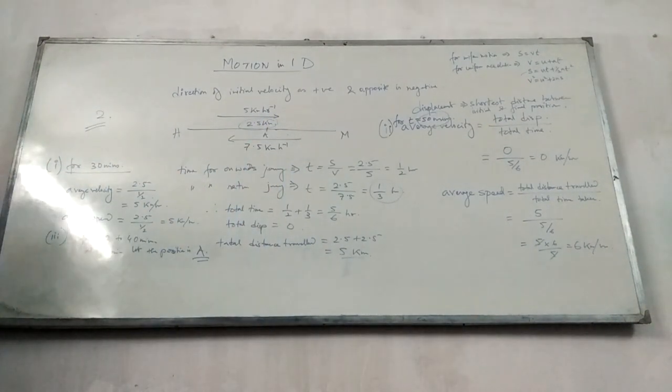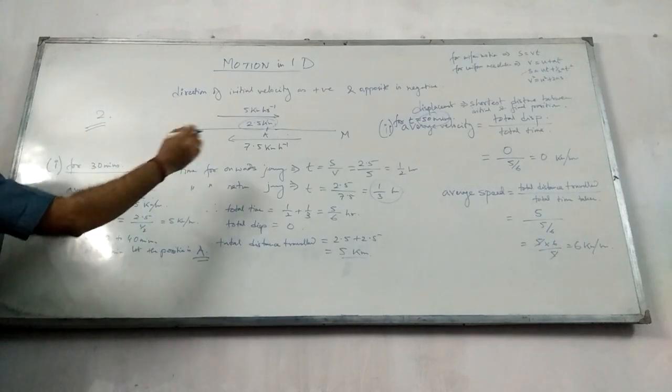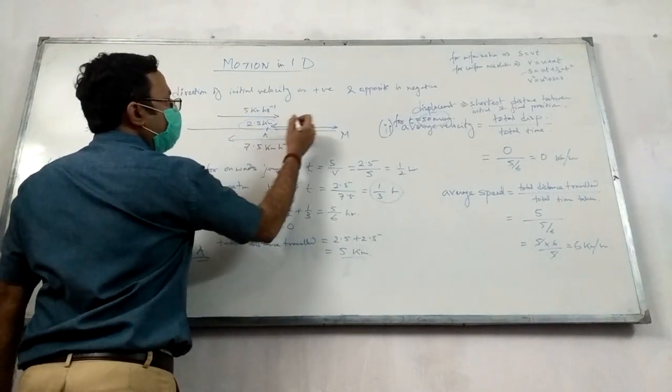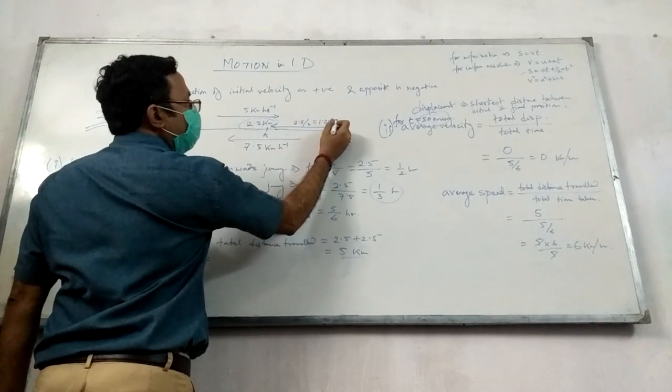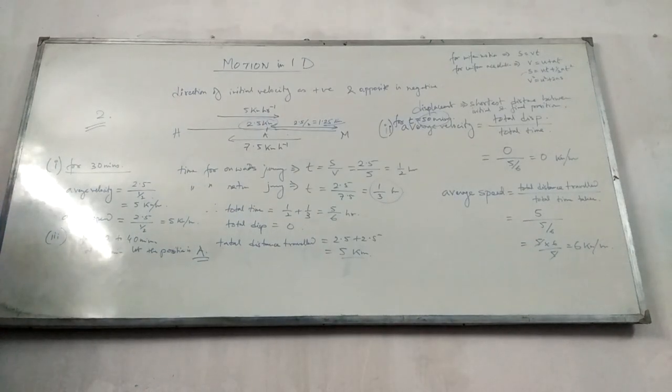Okay? So what is the position A? This distance will be how much? 2.5 by 2, that is 1.25 kilometers.